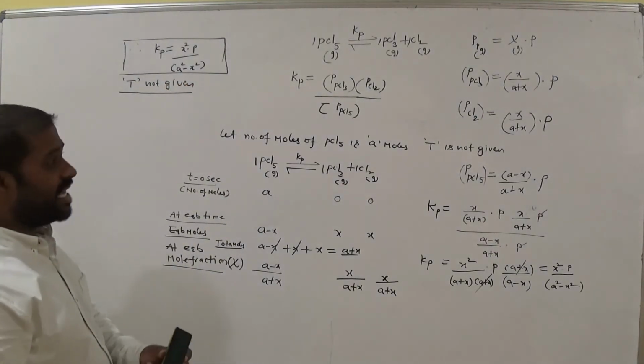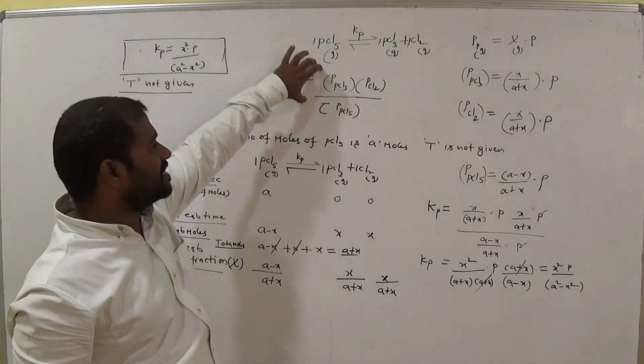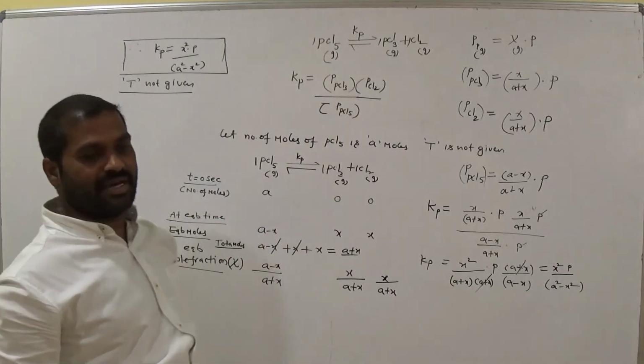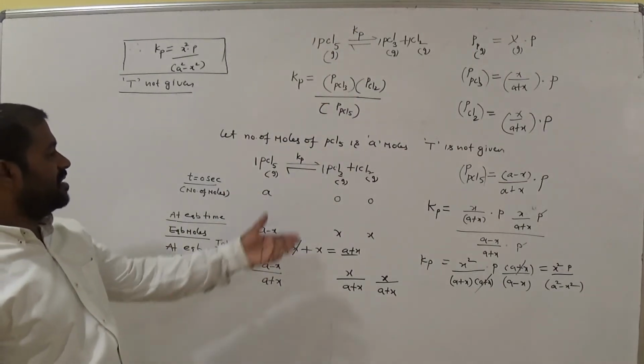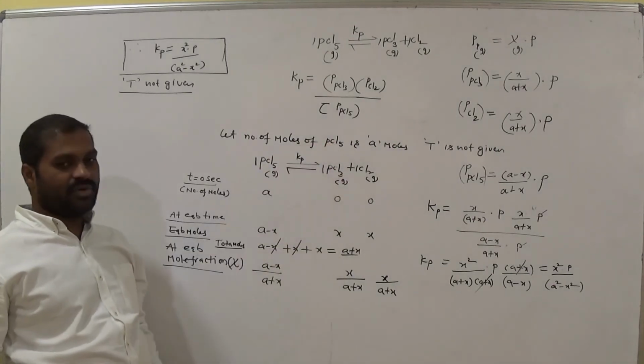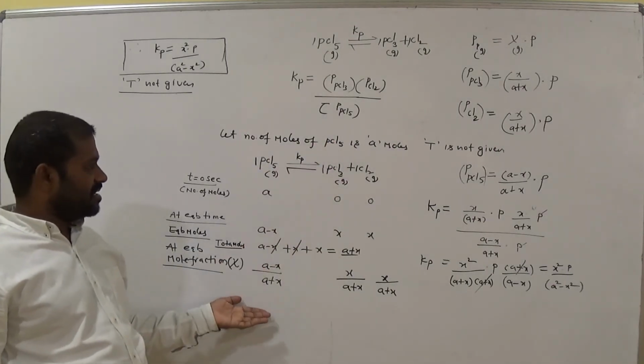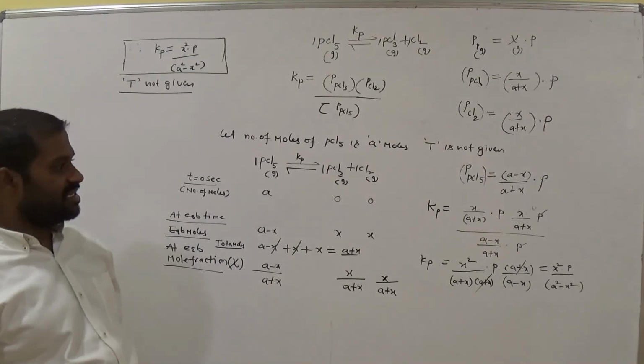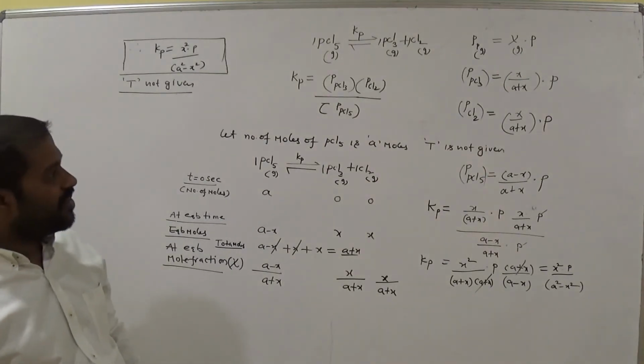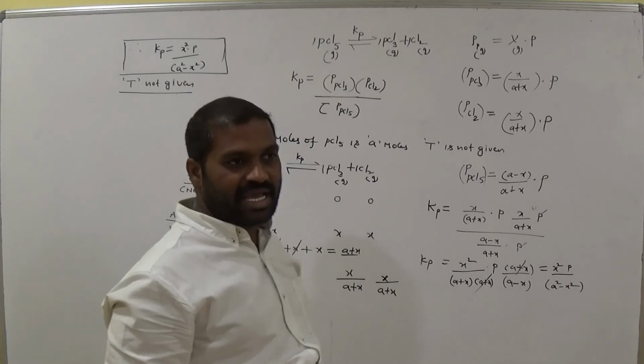In this particular case, we consider Kp with respect to partial pressure. The initial concentration of A is A moles. Then we get these expressions according to Dalton's law. We have to calculate the partial pressures of the gases.